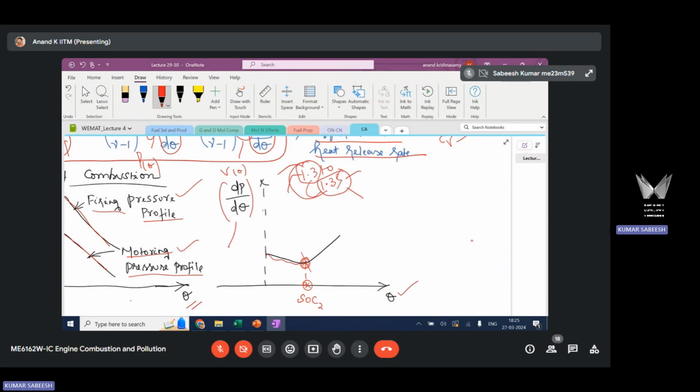The instant at which the steady rise of dP by d theta happens is taken as start of combustion. This rise in slope is primarily due to combustion, right? So that starting point is considered as the start of combustion. This is the second criteria used to find start of combustion.